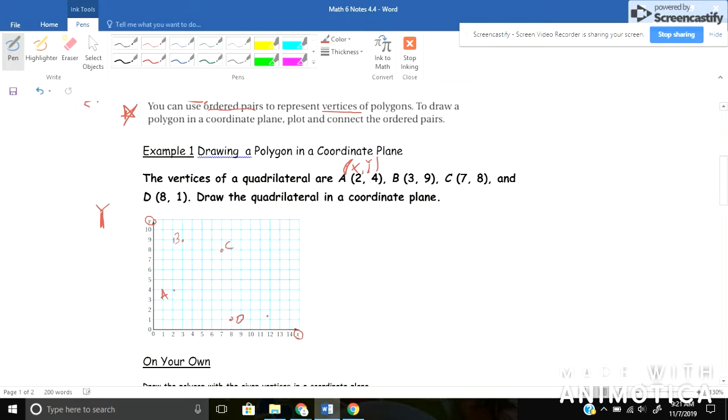Okay. And then all you need to do for your last step is just connect all of those points, or all of those vertices. The fancy word is vertices. It's just pretty much like saying corners. On your piece of paper, if you have a ruler handy or a straight edge of a book, maybe use that. With my computer pad here, it's a little bit tricky, so please forgive me if my lines aren't exactly too straight.